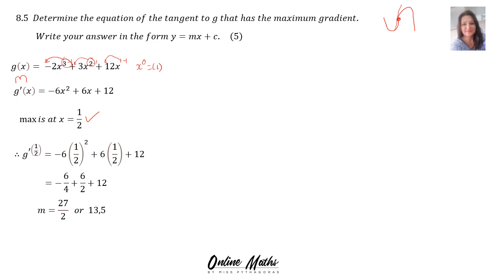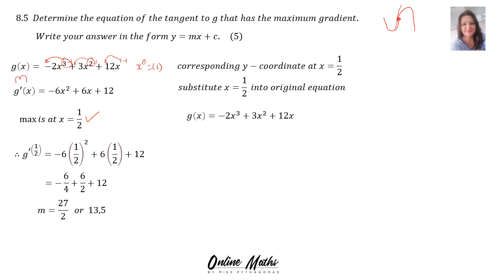Now that we know the gradient and we know the x of the maximum point, we can work out the y of the maximum point. So the corresponding y coordinate at x is equal to a half. What we do is we substitute x is equal to a half into the original equation.